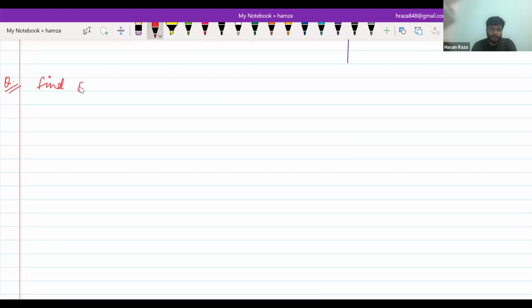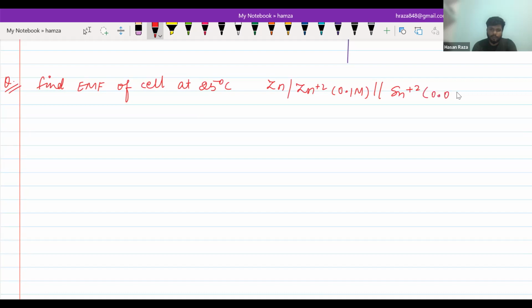Find EMF of cell at 25 degrees centigrade. Zn slash Zn plus 2 0.1 M double slash Sn plus 2 0.01 M slash Sn.